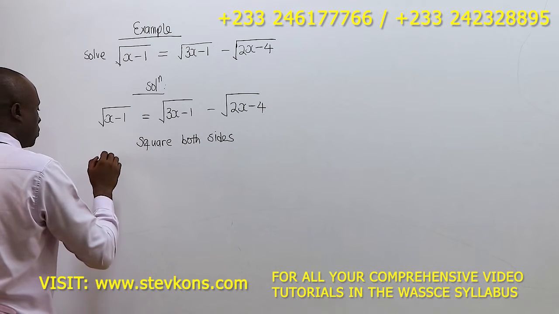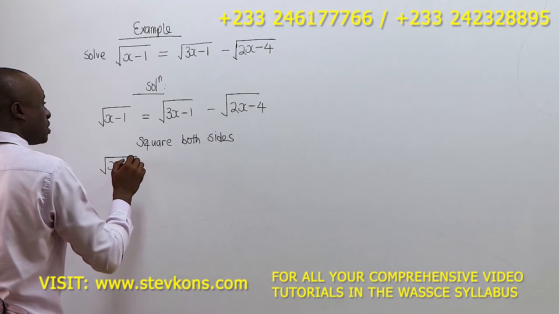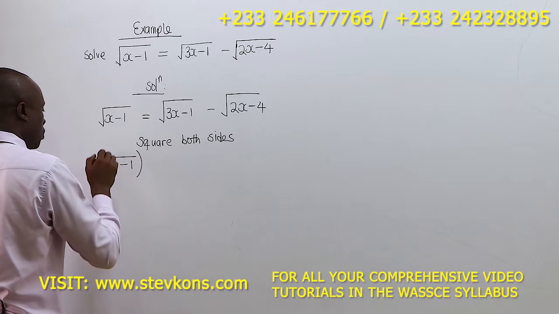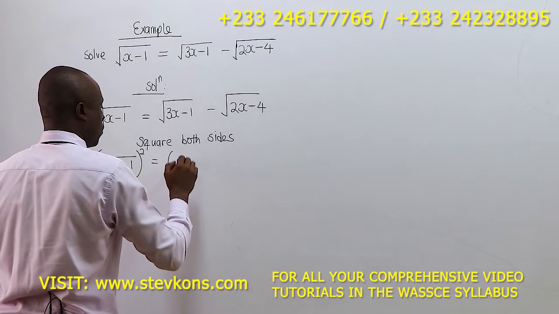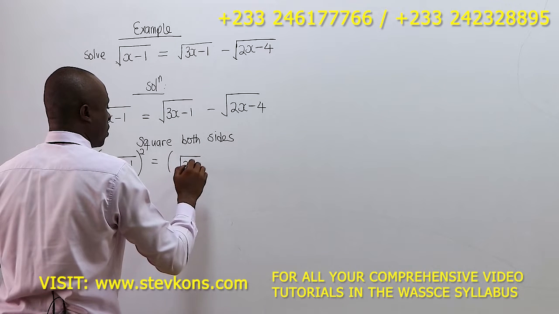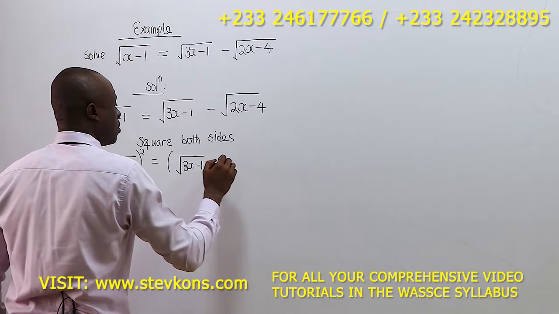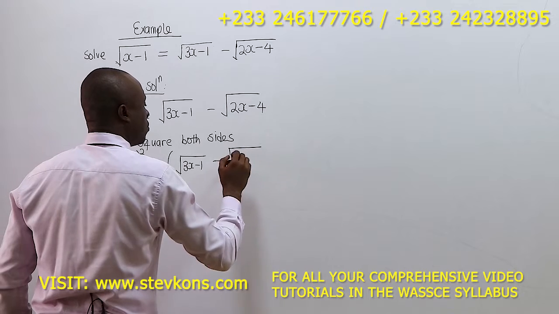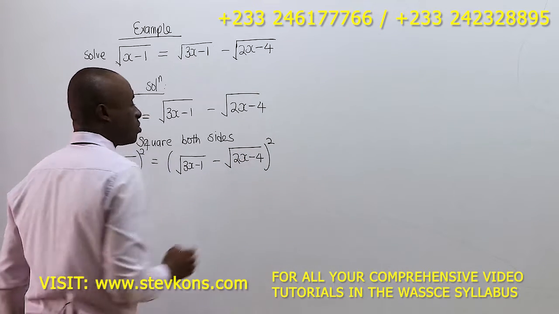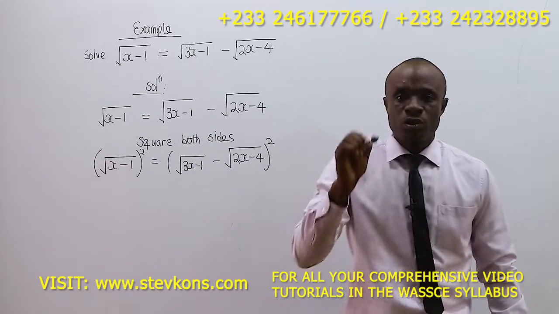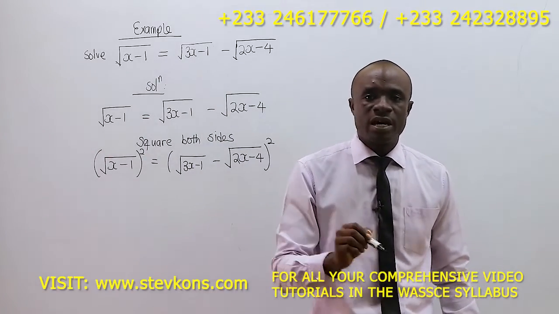So we have root x minus 1, we square both sides, equal to root 3x minus 1 minus root 2x minus 4, all to the power 2.